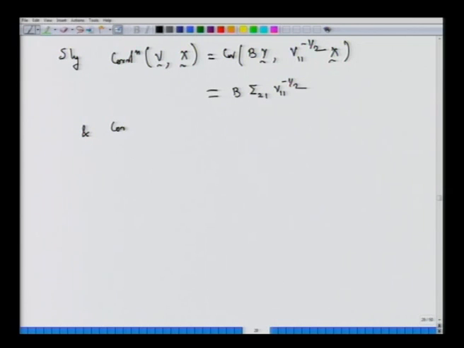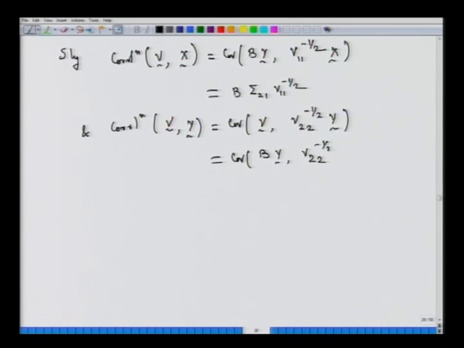The last component that one can write is the correlation matrix between v and y that we have not looked at. This is going to be the covariance matrix between v and y standardized to have unit variance, so we require V22 to the power minus half times y, and thus this is the same as the covariance between by and V22 to the power minus half times y. This is going to be equal to b times sigma 22 times V22 to the power minus half.